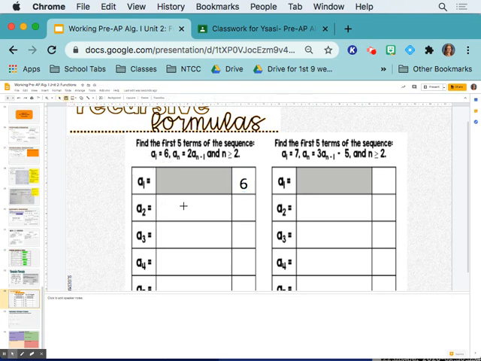Now A2 is going to be found by doing 2 times A(n minus 1), so 2 times A1. All we're doing is multiplying the previous term times 2. So I would do 2 times A1, which was 6.